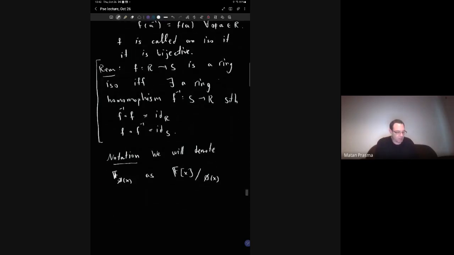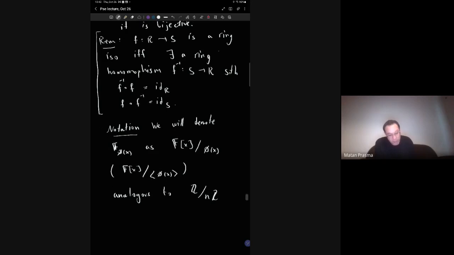You can find it in the literature sometimes as Fx modulo the thing generated by phi. Okay, and this is analogous to the notation of integers modulo the subgroup of integers multiples of n. Right? This is the notation for a quotient group.